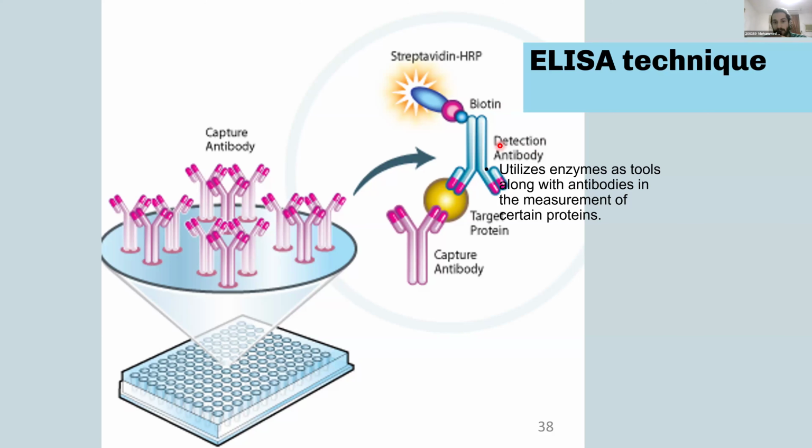When this antibody binds to the target protein in the patient sample, this enzyme on the antibody would give a different color, and you know that the patient has a positive result for this protein, for example. This is another use of enzymes.